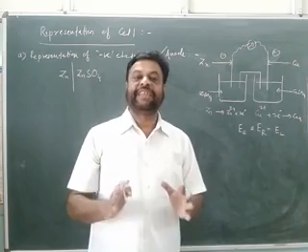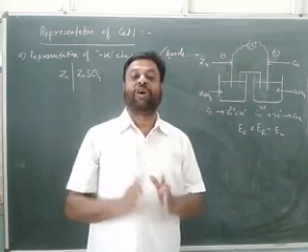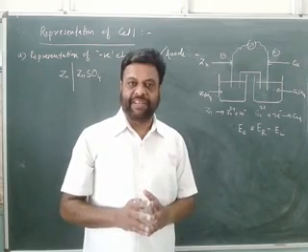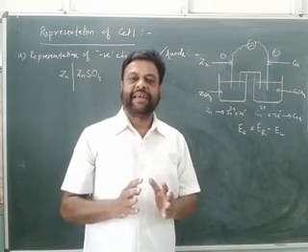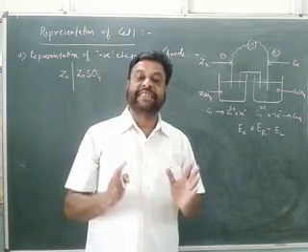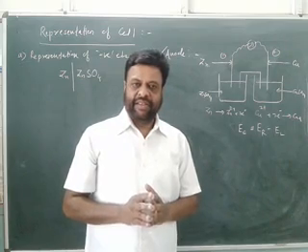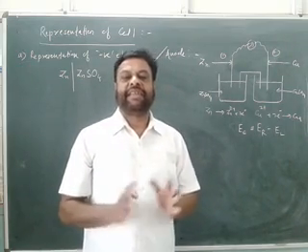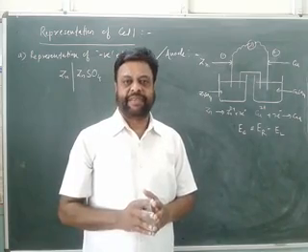Every time, it is impossible to draw the sketch of the diagram of an electrochemical cell. That's why an electrochemical cell can be represented in a simple way, and today we are going to discuss the representation of a cell.